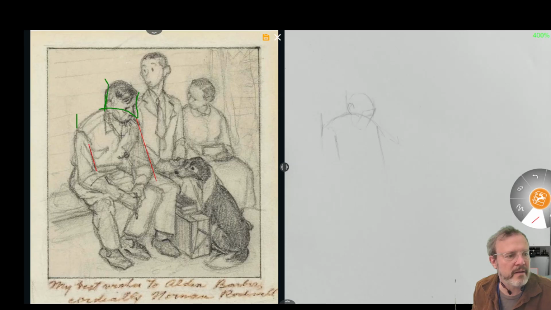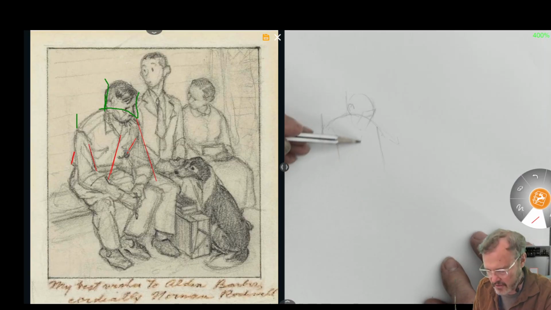And then the contrary direction is going to be through the sternum, and the rib cage is tilting this way. That's answered. This little bit of the shirt is going the same direction. That's a little different right there.